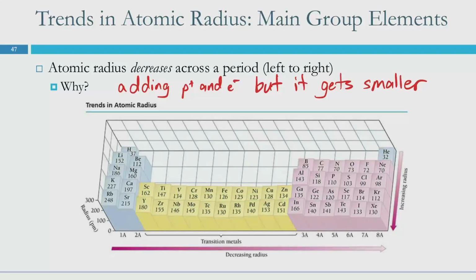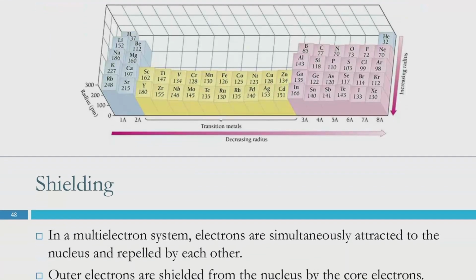Any ideas? We're adding more stuff in, yet it's getting smaller. Well, it turns out that it's the adding of the protons and the electrons that causes it to get smaller.